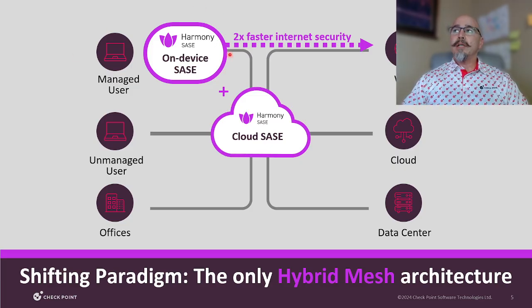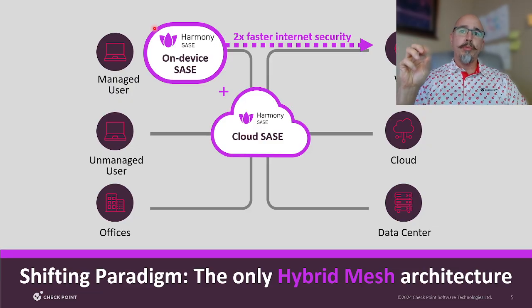What we're doing is we're taking Check Point's security platform, which we call our Check Point Blades. That's just the nomenclature that we use to talk about our software. They're blade applications. Those security blades are ported to a very lightweight application that is installed on the device.